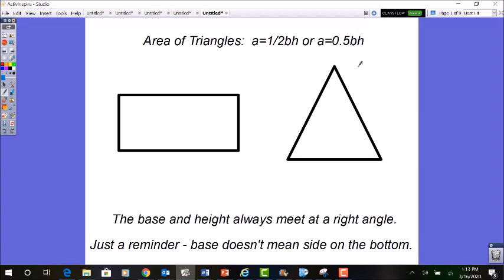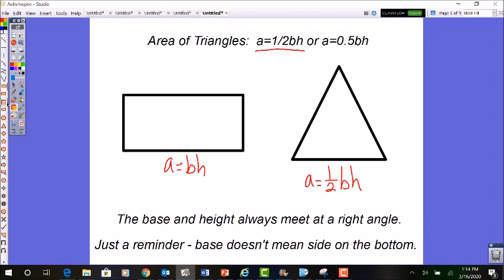times base times height. So the reason why this formula works, now if you remember from the video that we watched on parallelograms, the parallelogram formula was just base times height. The reason why the triangle formula is 1/2 base times height is real simple to see. If you take this rectangle here, and like we said, the area formula for a parallelogram is base times height, and a rectangle is a parallelogram.